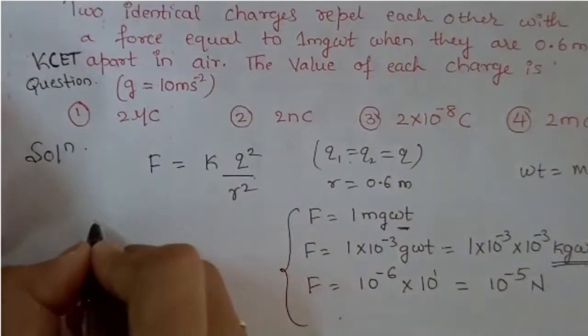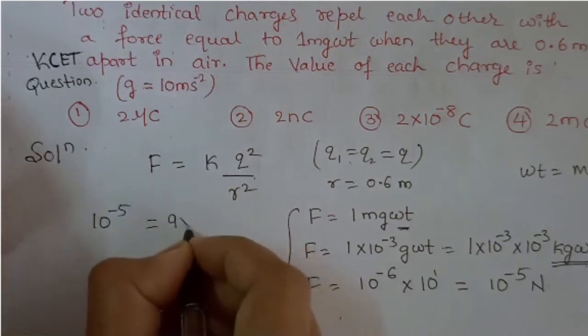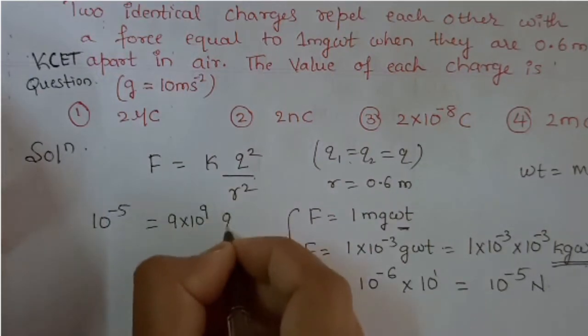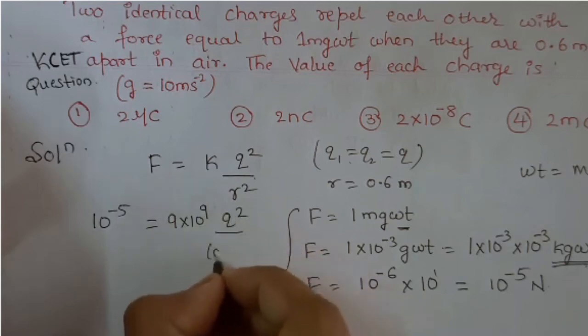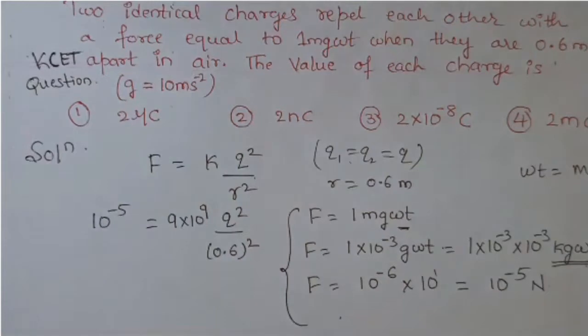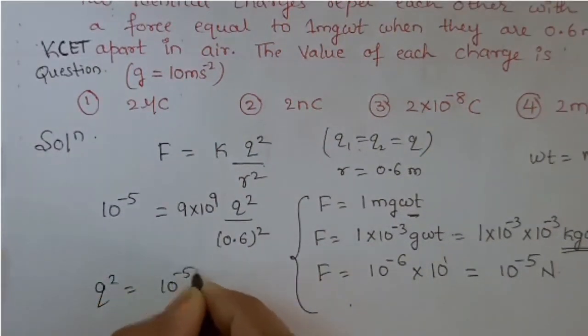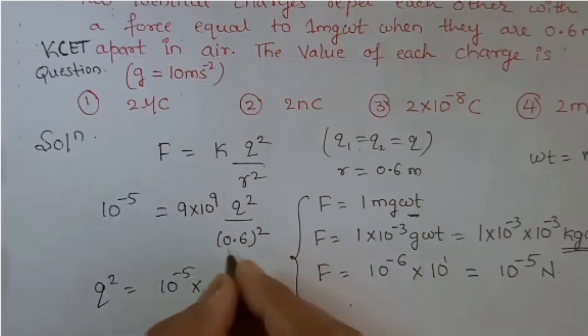So now I can introduce here. Substitute 10 raised to minus 5 Newton is equal to K value 9 into 10 raised to 9, Q square, R square 0.6 into whole square. Okay, so Q square is equal to 10 raised to minus 5 into, can I write this as 6 into 10 raised to minus 1?